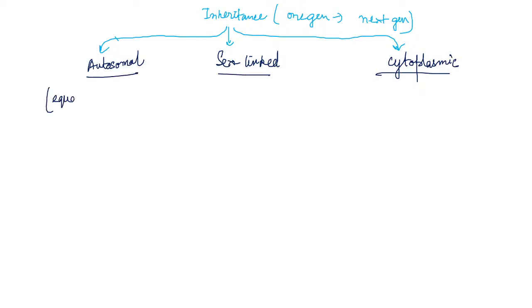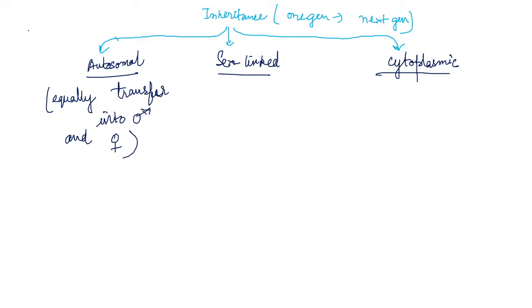Autosomal is equally transferred into female and male. So what you actually get, that is how many autosomes are there.